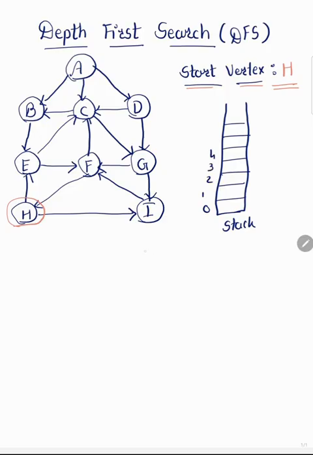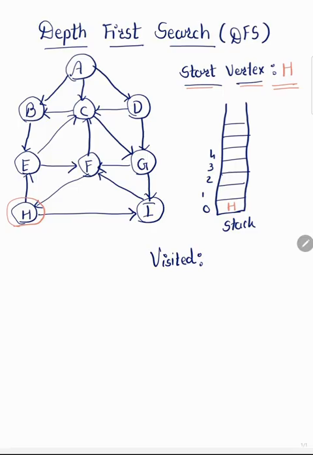And this is my visited list, where whatever vertex I visit, I'll write it over here. The first step is that whatever your starting vertex is, you push that starting vertex onto the stack. Here my starting vertex is H, so I'll push H over here.